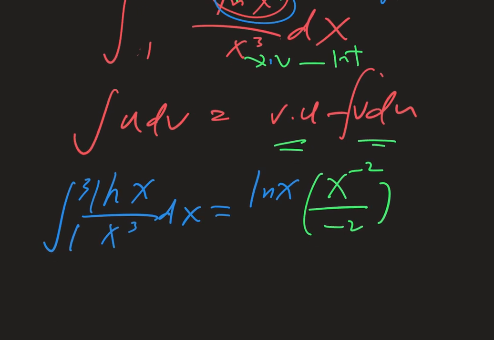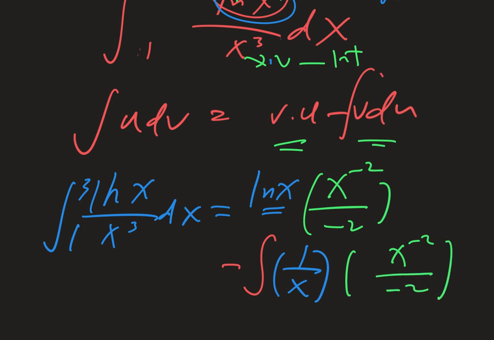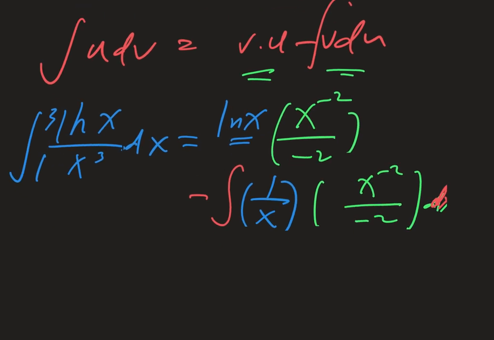So then the red color, since this is ln x, it has to be u, so du becomes 1 over x dx.